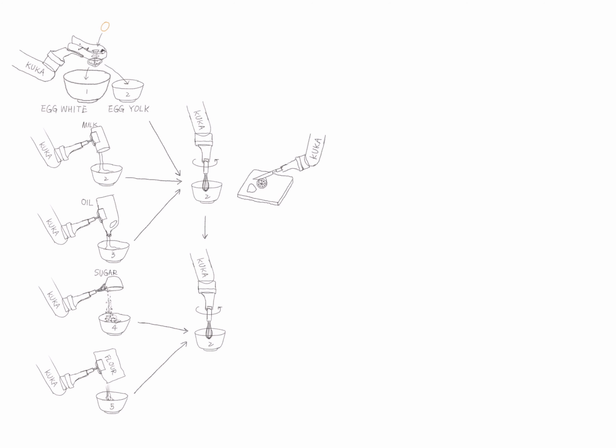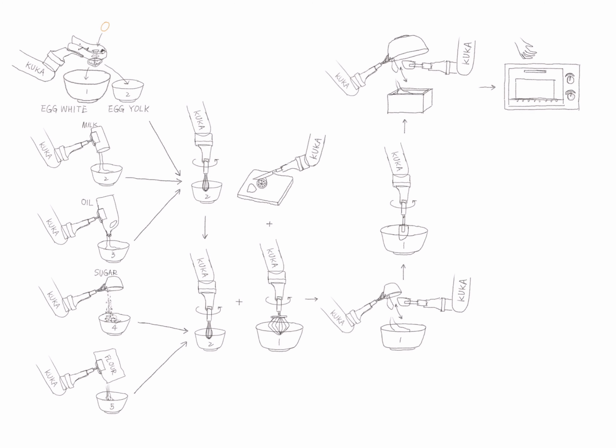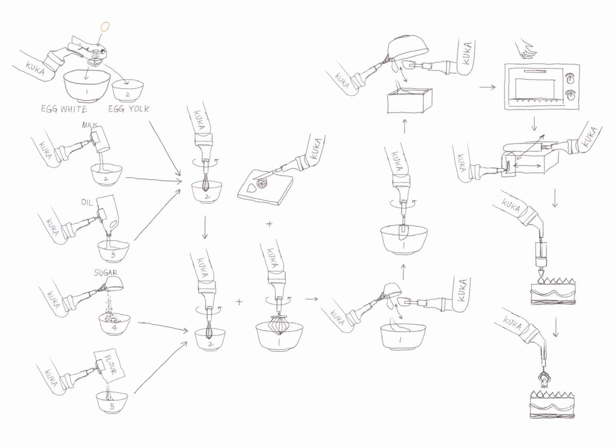Then cut and squeeze the lemon into the egg white bowl. Then whisk the egg white. Use two robotic arms to pour out the batter and mix fully. Then pour the final batter into the cake mold. Bake the cake manually. Use a spatula to smooth the cream. Squeeze the cream and decorate the cake with fruit.